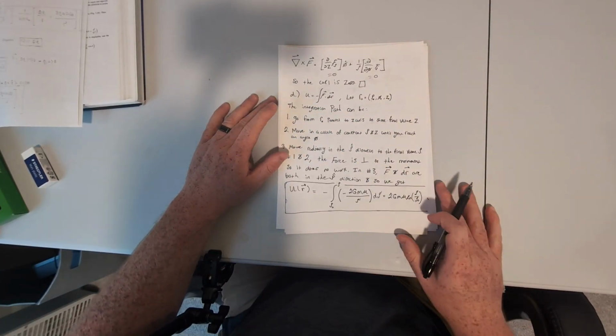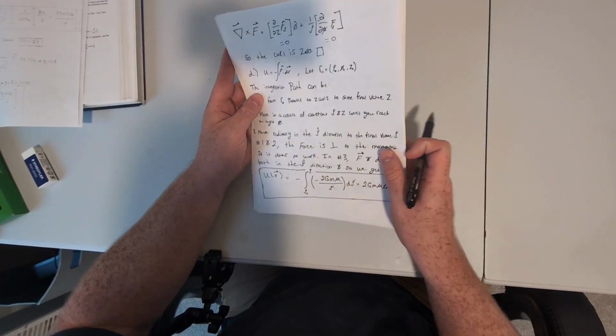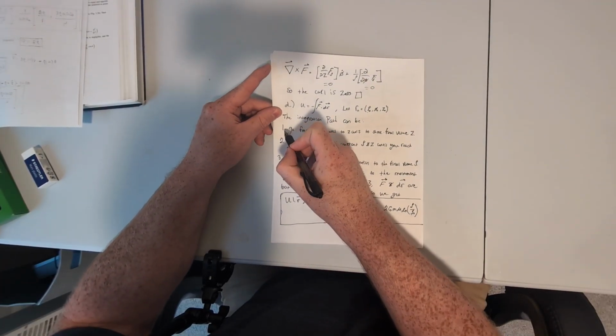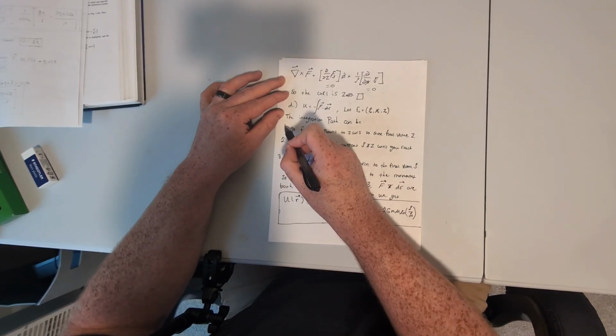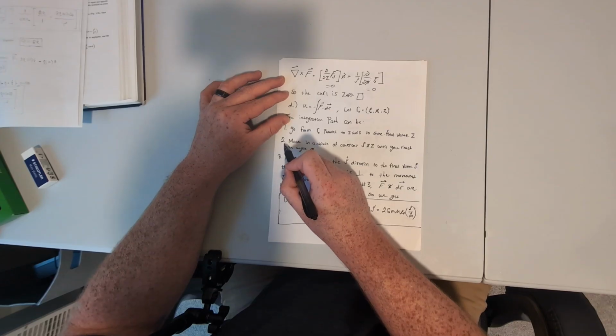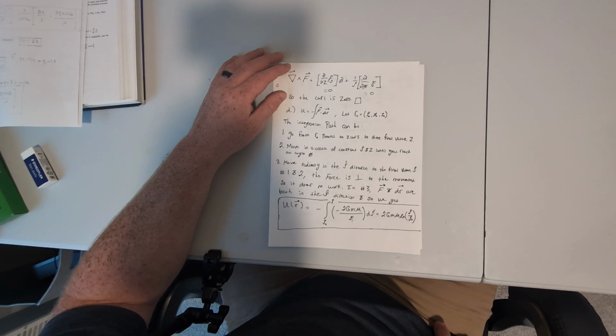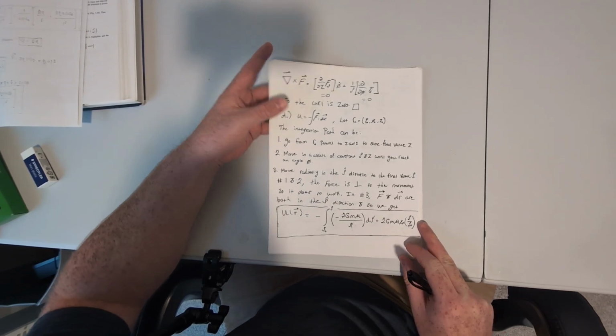We know the dot product for any two perpendicular vectors is 0. So the force does no work when we move solely along the z direction or solely along the phi direction. But the force will do some work when we move along the rho hat direction.